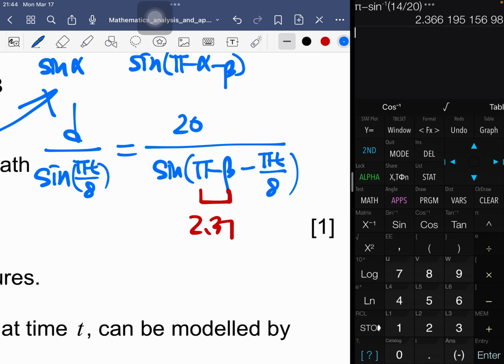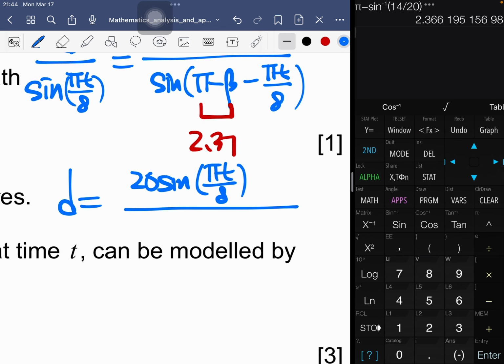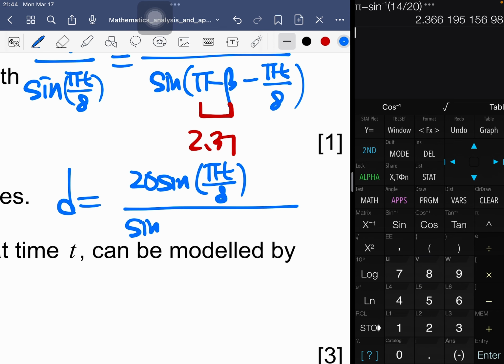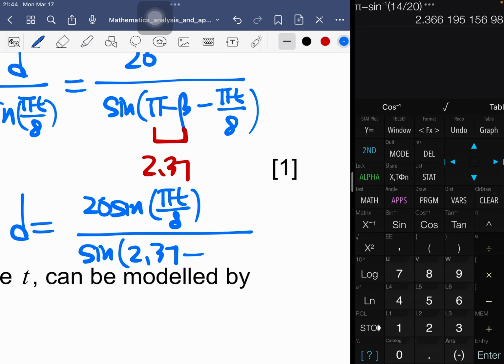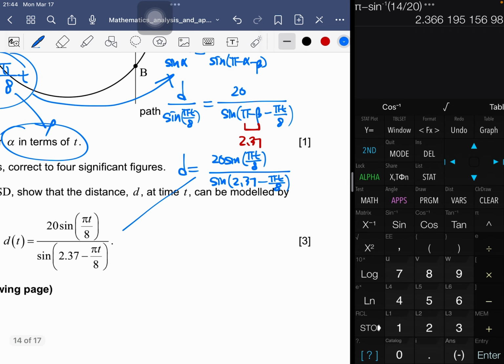So simplifying this equation, we can say d equals 20 times sine of pi t over 8, everything divided by sine of 2.37 minus pi t over 8. This is the same expression as this.